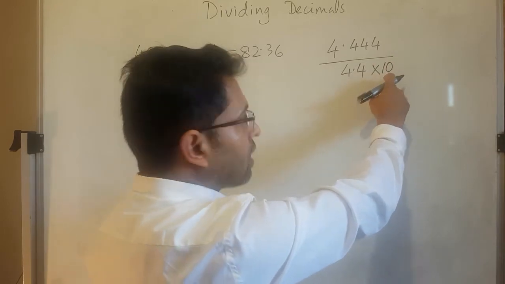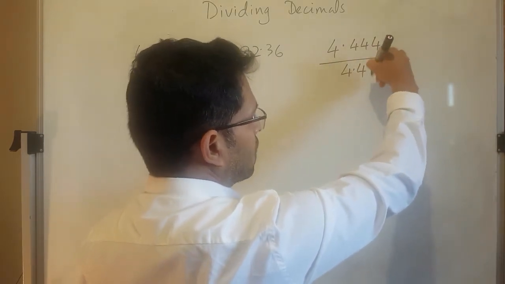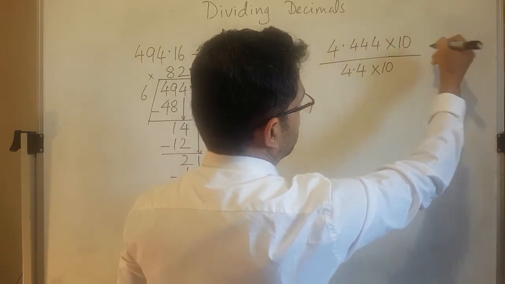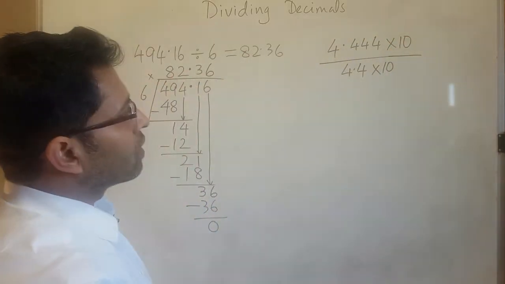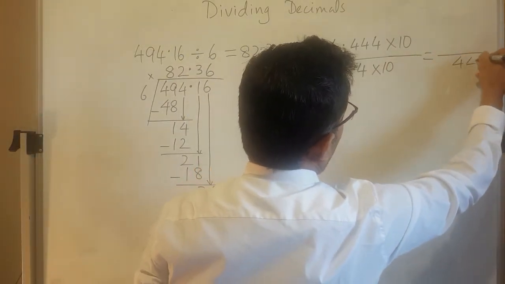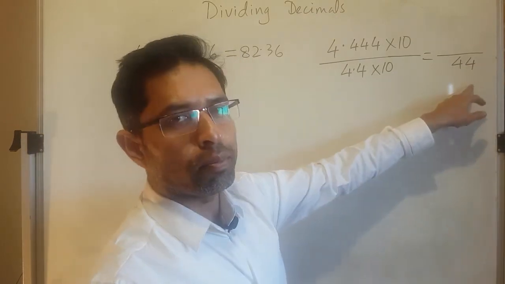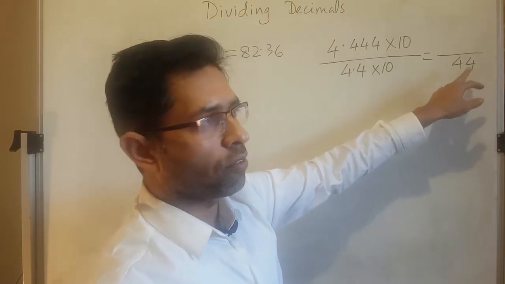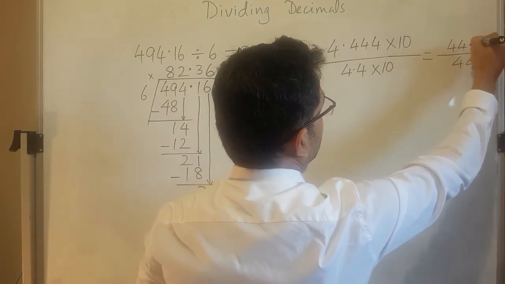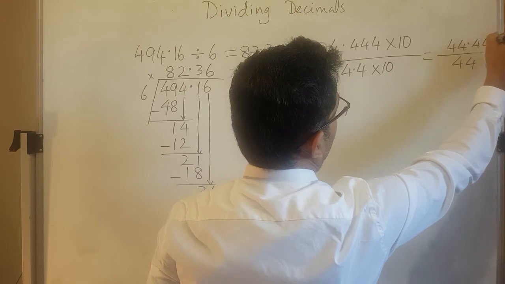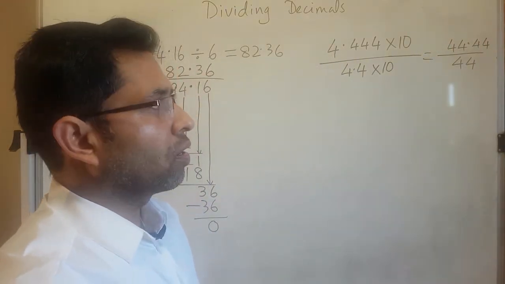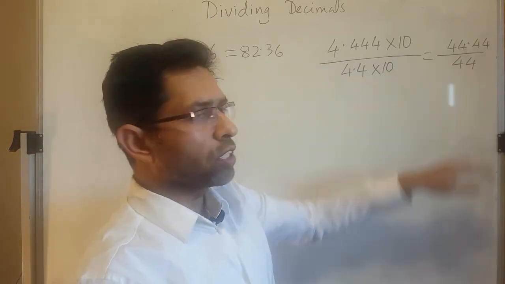If you multiply by 10 in the bottom part, the divisor part, you have to do the same in the dividend part. Now you are getting 44, so the divisor is a whole number, but the dividend is still a decimal value, which is 44.44, and our divisor is 44.